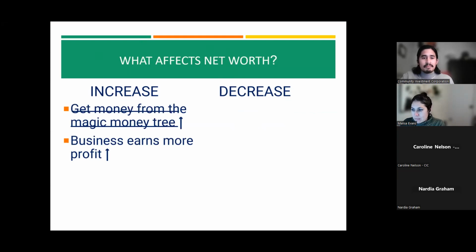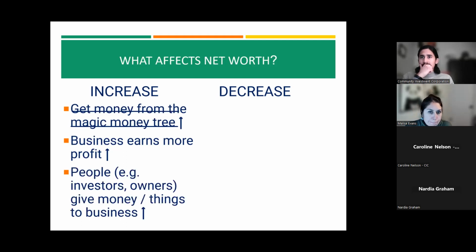If your business earns more profit, that increases your net worth. And we'll dive into that section of the balance sheet in a little bit. Or if people, which could be you as an owner, or maybe you have someone invest in your business and you're able to make a cash infusion to the business, give money or give an item to the business, that increases its worth.